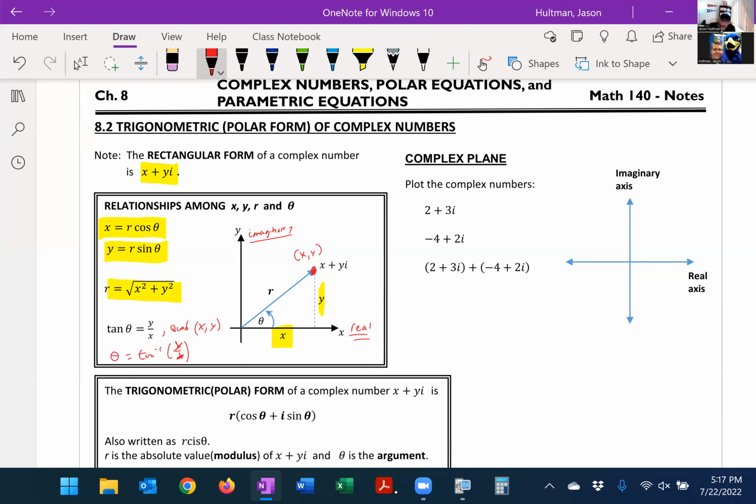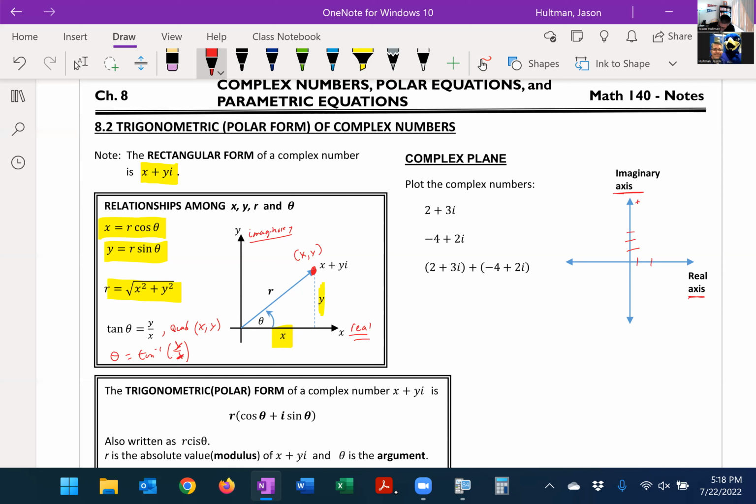Plot the complex numbers. Again, we have a real axis and we have an imaginary axis. Okay, so 2 plus 3i. What's 2 plus 3i going to look like? Well, 1, 2 in the real, 3 in the imaginary. So up 3, okay, positive, positive, right?